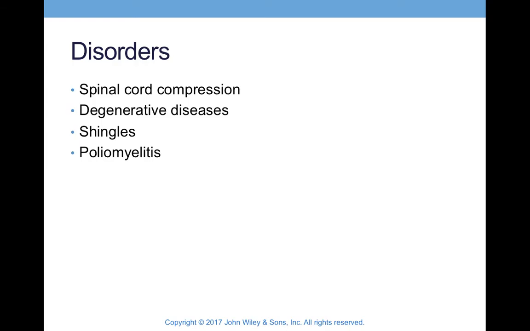Shingles is also an acute infection of the peripheral nerves caused by the herpes zoster virus. So oftentimes if you have had chickenpox, this virus will lay dormant and then it can come back as the herpes zoster virus.